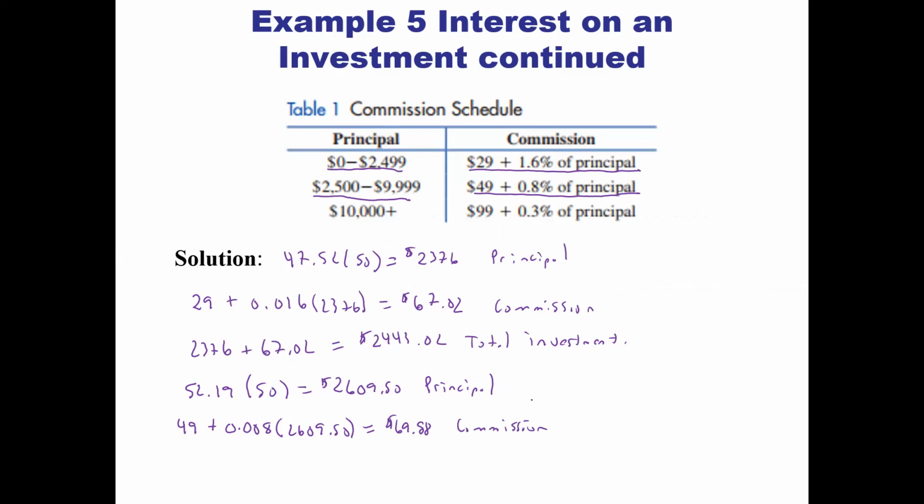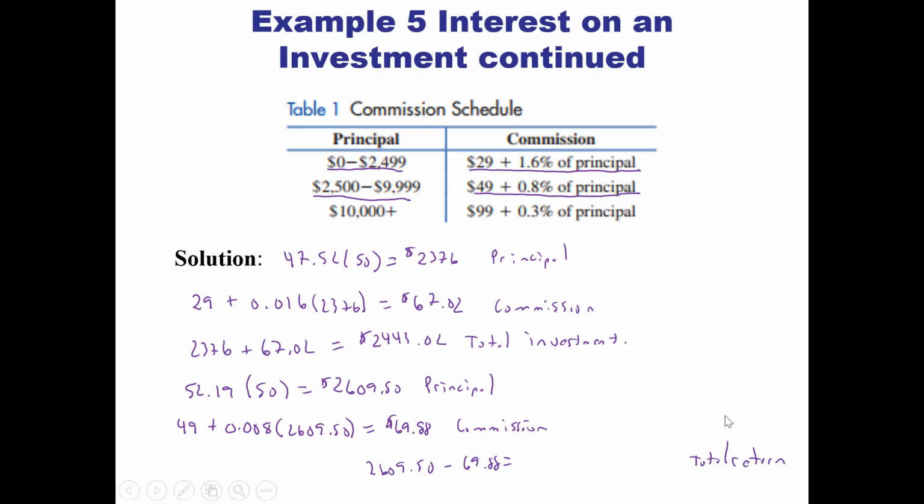Our total return is going to be basically our amount of principal minus our commission. So we take 2609.50 minus 69.88. That's going to be our total return.